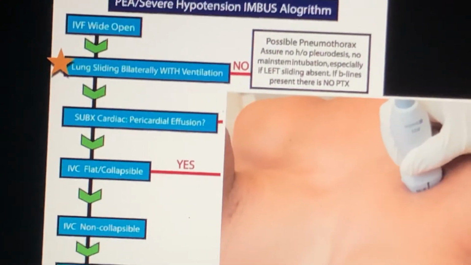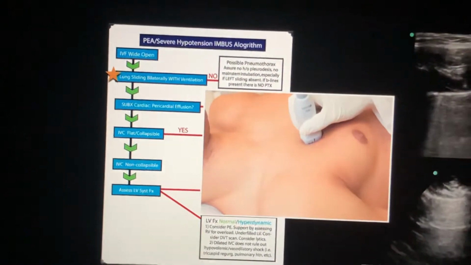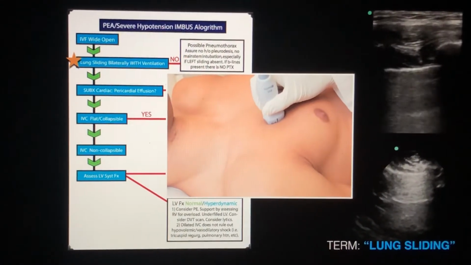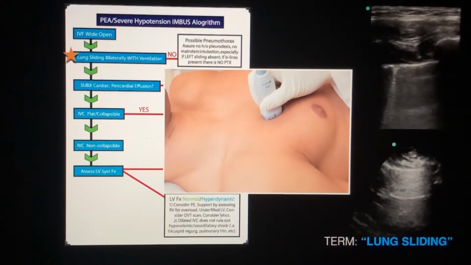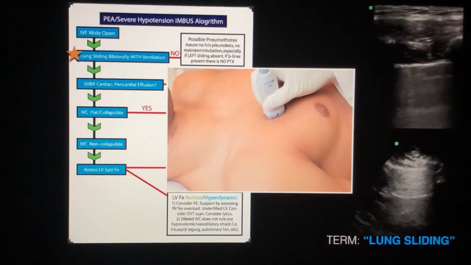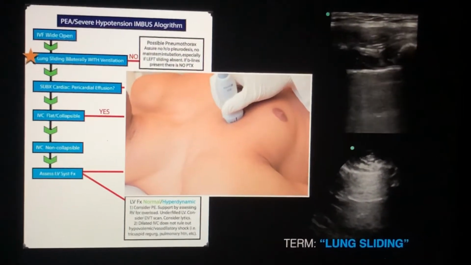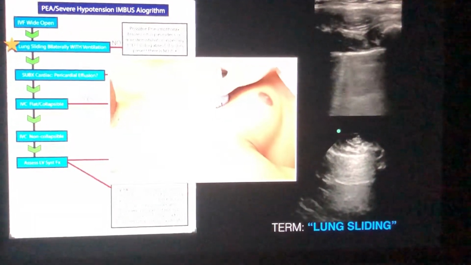And this can be done at any time during compressions or at a pulse check as long as the patient is being ventilated. And that's the really important key here. The patient has to be ventilated for lung ultrasound to make sense. The lung ultrasound finding to know as a member of the code team is called lung sliding. And these two images on the right show the ultrasound that's obtained when the probe is positioned as it's shown in this picture here.